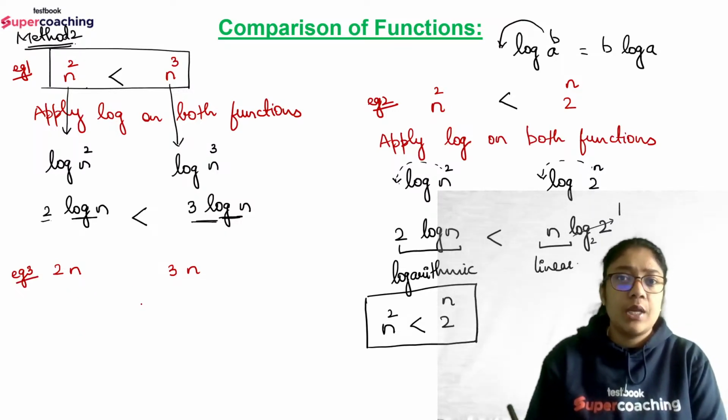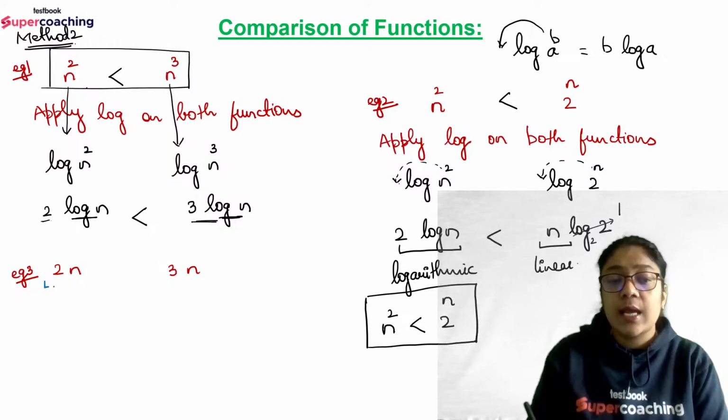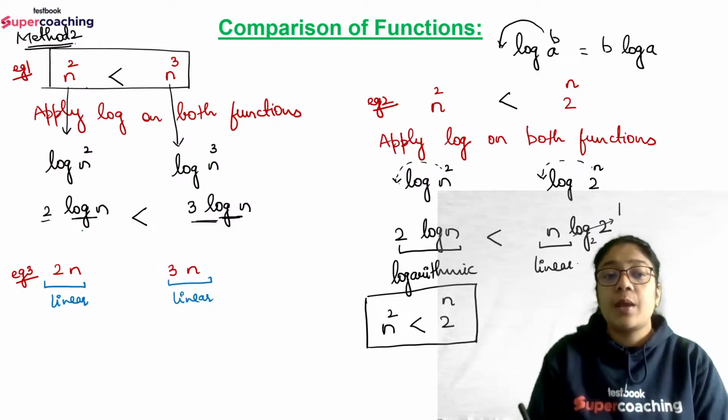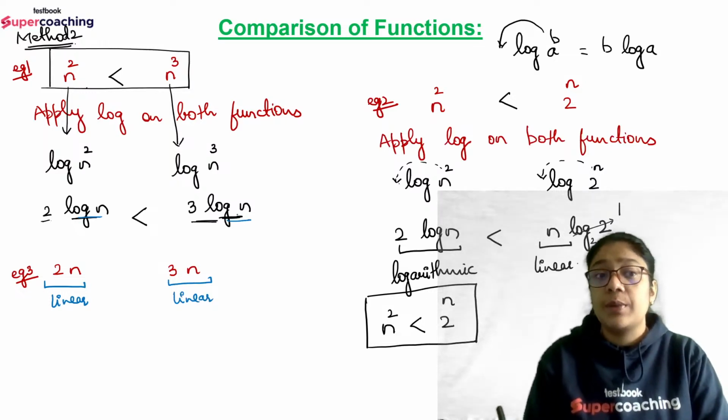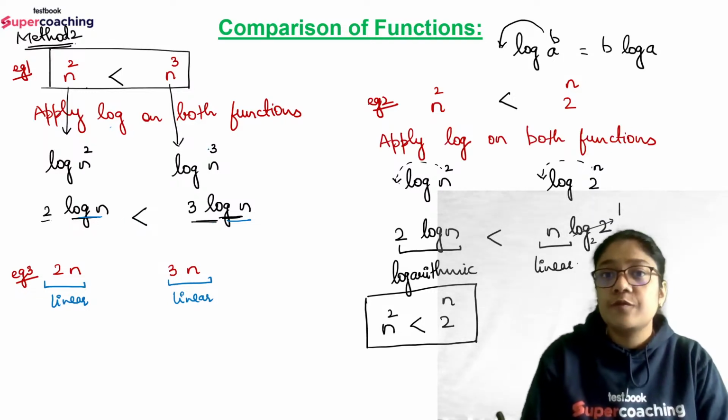Can I say that 3n is greater? No, because both the functions given to you are linear functions. This is a linear function, this is a linear function. You might say, ma'am, there both were logarithmic functions, but those were obtained after applying some function.